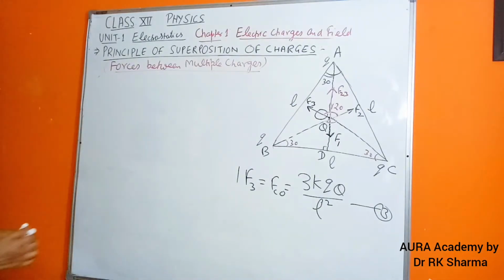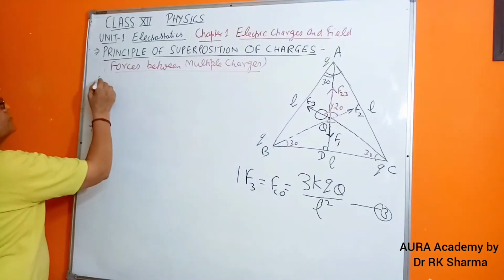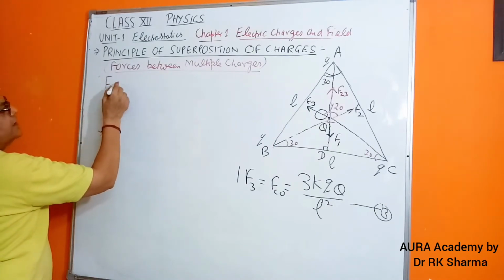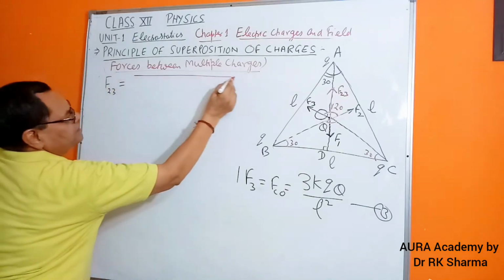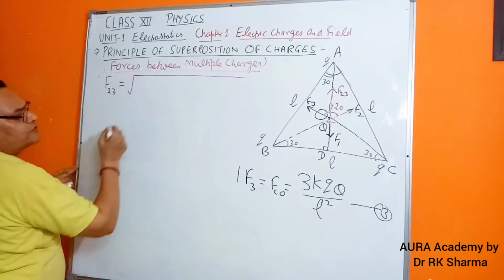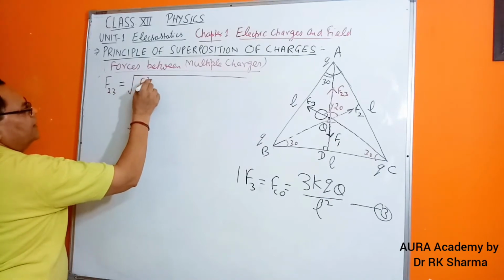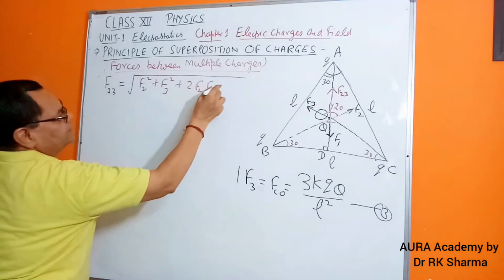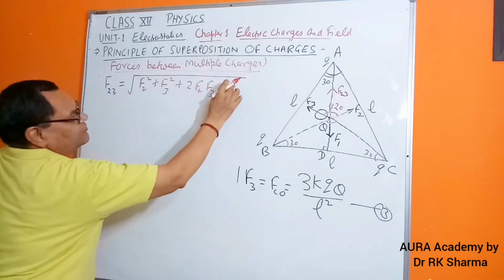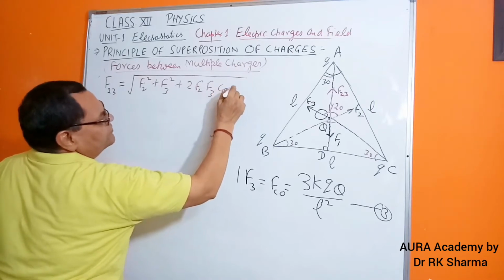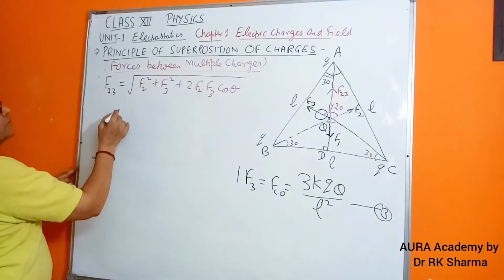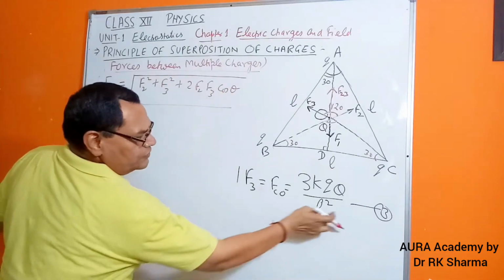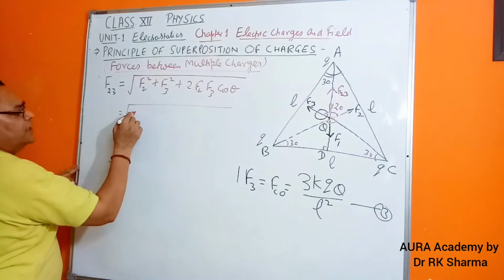Okay, let's proceed. What is the resultant? The resultant force of F2 and F3, let's say F23, using the parallelogram law of vectors, is equal to the square root of F2 square plus F3 square plus 2 F2 F3 cos theta. Now, F1, F2 and F3 all have the same value, so can we put it as F?